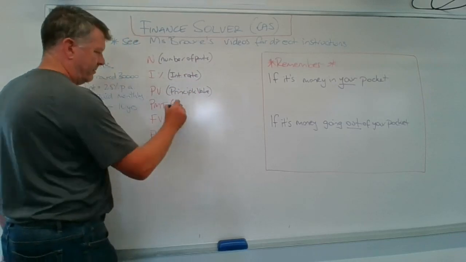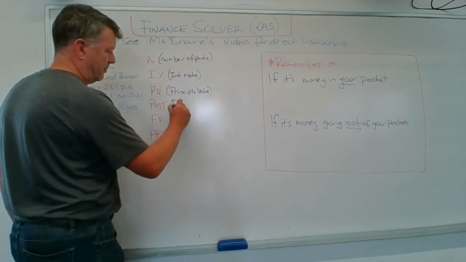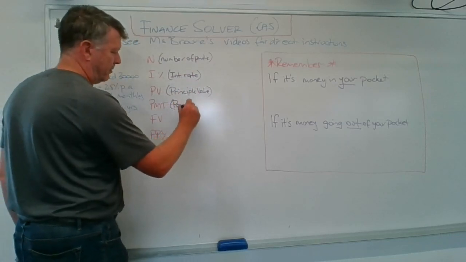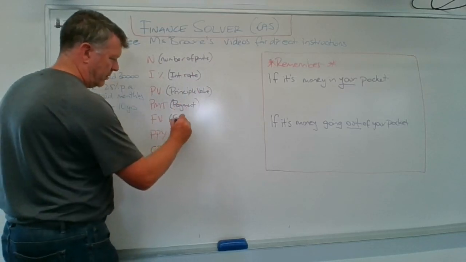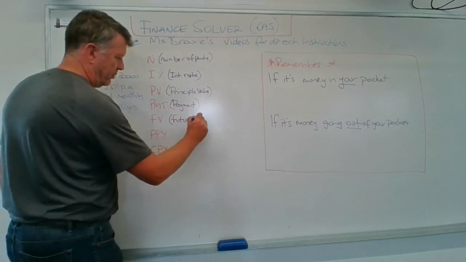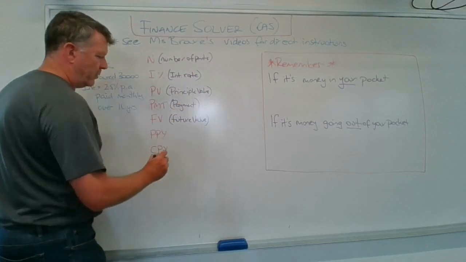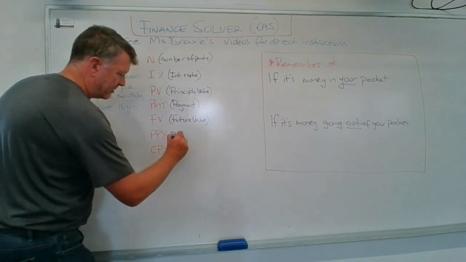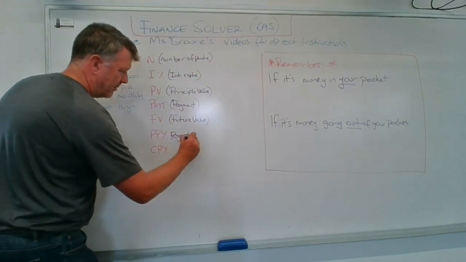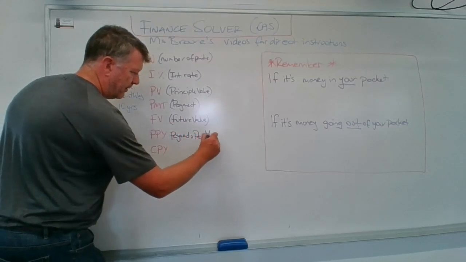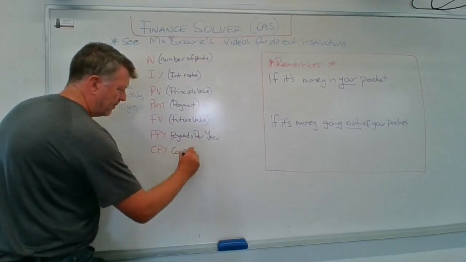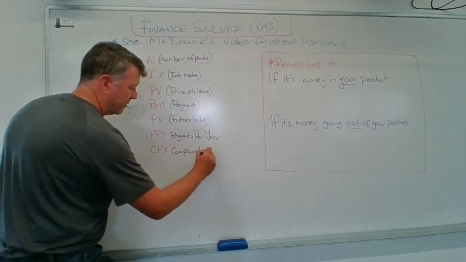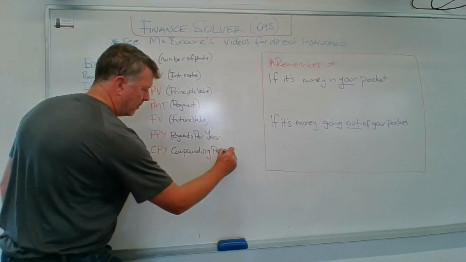PMT, surprise, surprise, is each payment value. FV is your future value. PPY is payments, you guessed it, per year. And CPY is compounding periods per year.